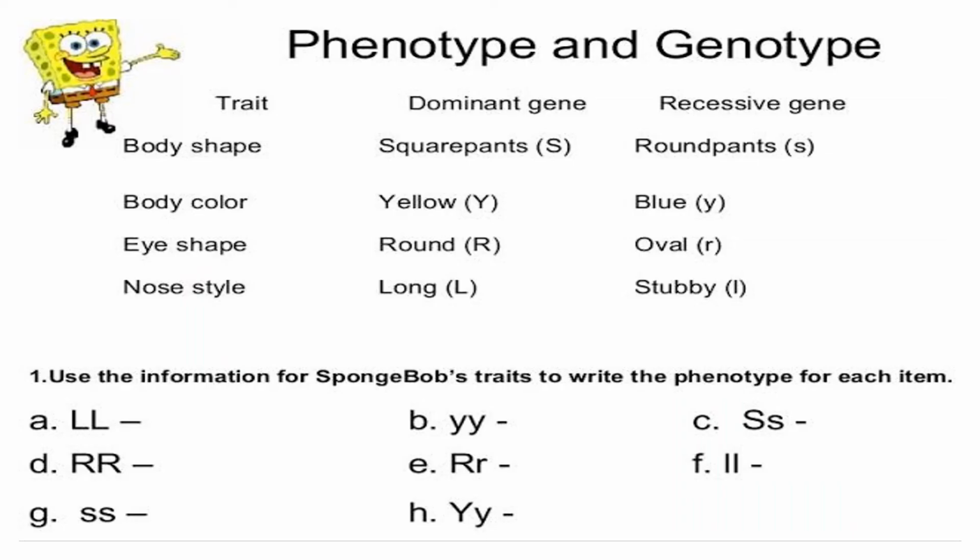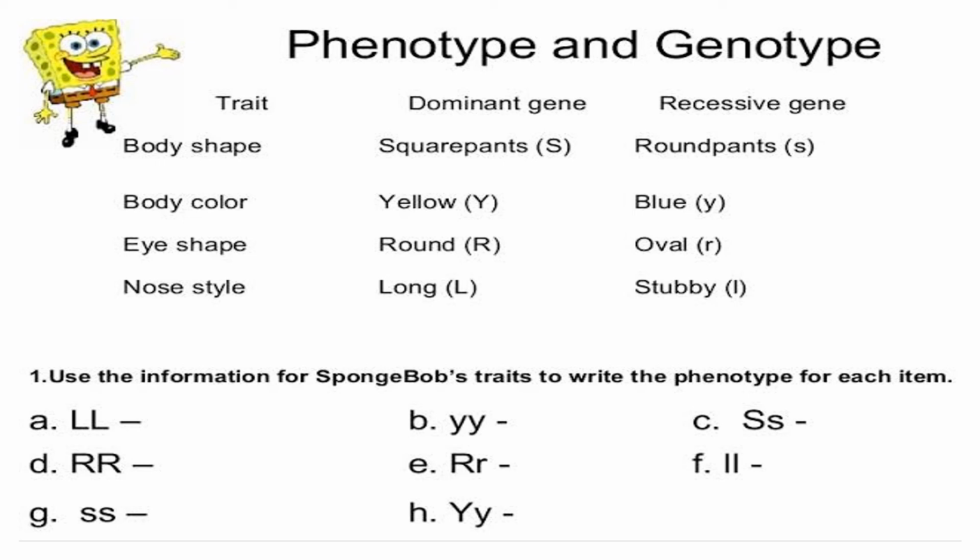For our next practice, we have here the phenotype and the genotype. We have three categories for this: the trait or the characteristics, the dominant gene, and the recessive gene. Under trait or characteristics, we have the body shape, body color, eye shape, and nose style.